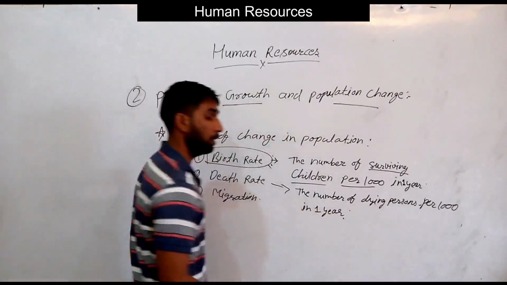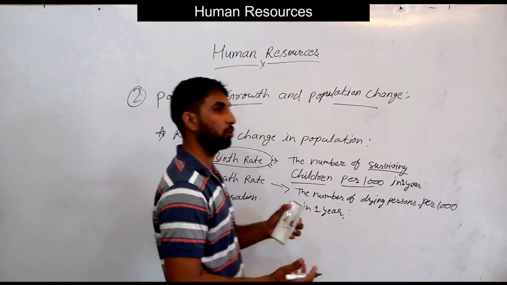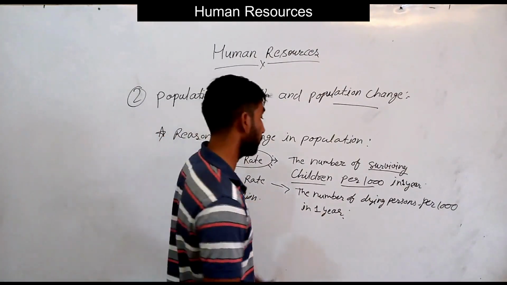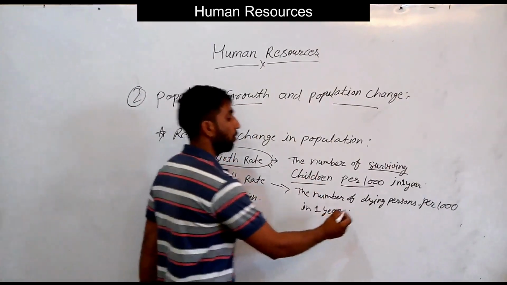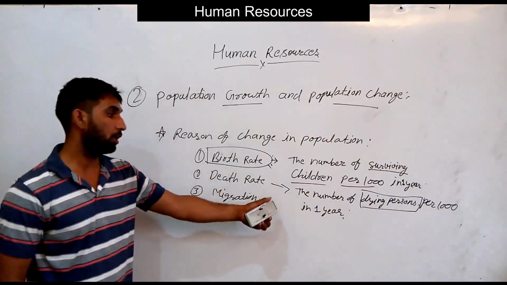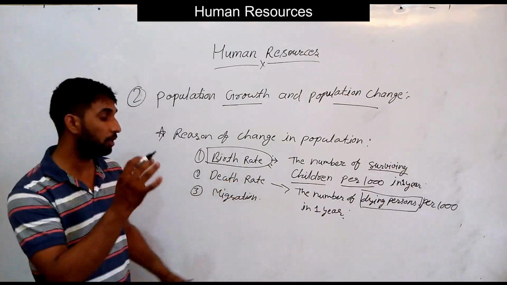In a particular place people die because of various reasons, or maybe natural death after a certain age. That number of deaths calculated per thousand in a particular place is the death rate of that place.